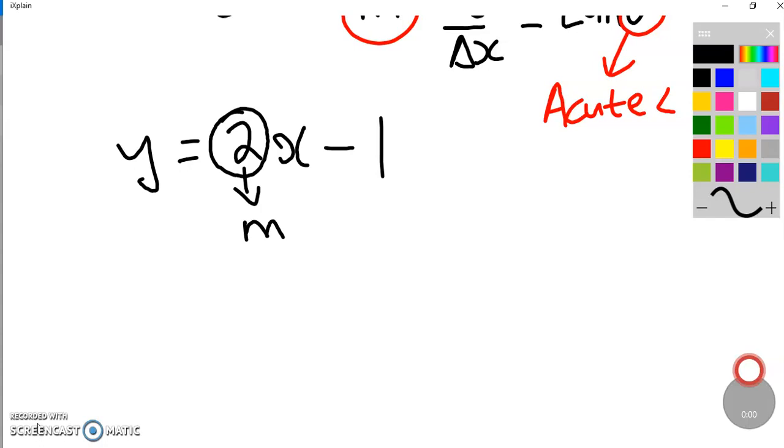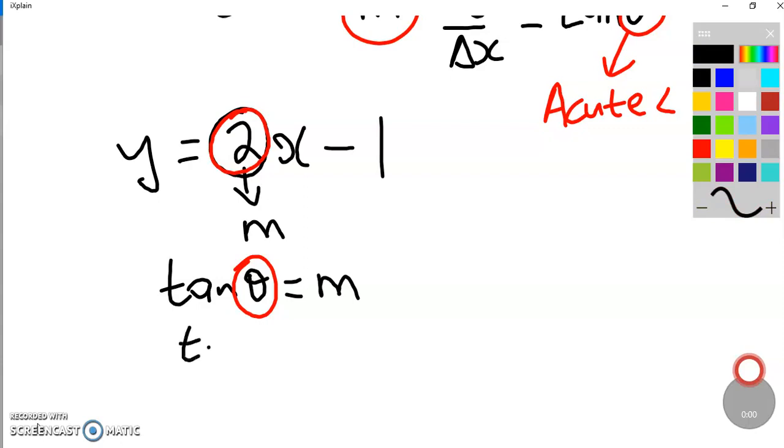If I want to find angle theta, I'll say tan of theta is equal to m. You notice the value of m is 2. So we are looking for theta. Now you can say tan theta is equal to 2.